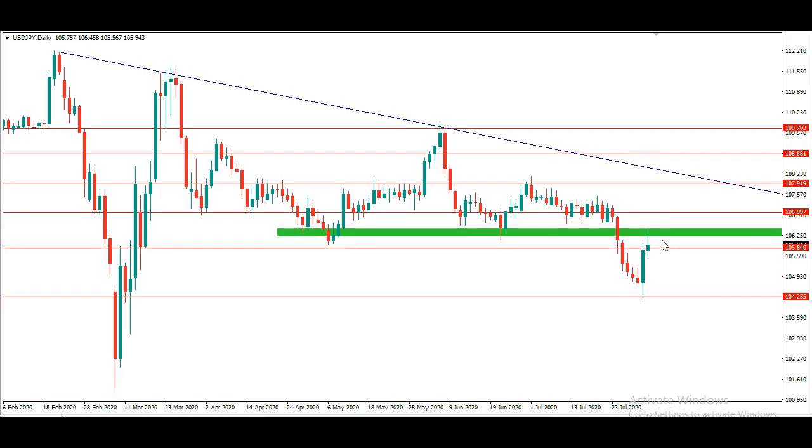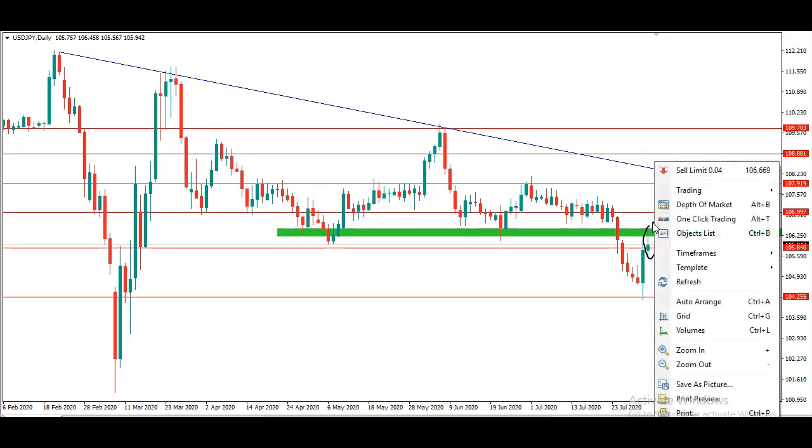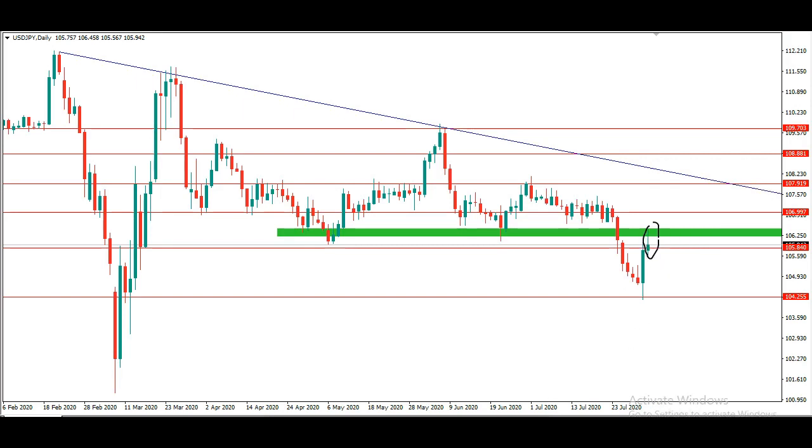So if by the end of the new trading day I'm going to see another rejection or a bearish candle showing that this area is actually holding as resistance, then I'll be taking this trade if the other rules of my strategies are met. I'll be taking this trade with good risk to reward into the lower targets, of which I'll be highlighting shortly.